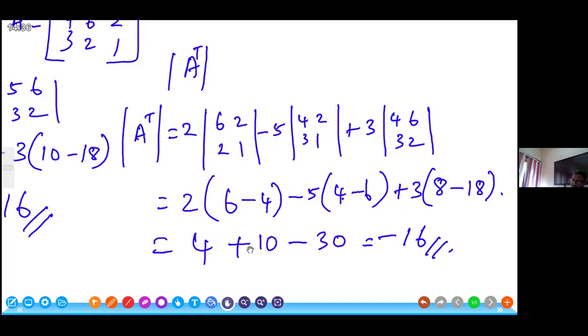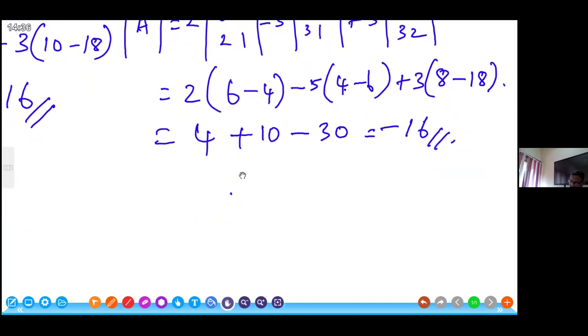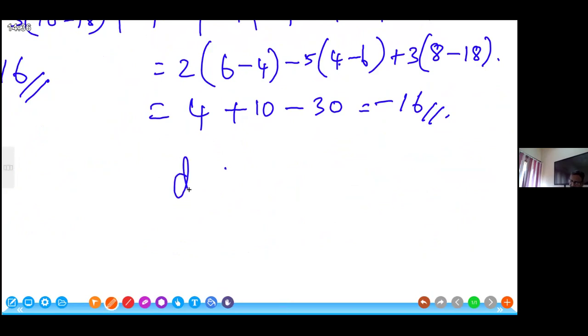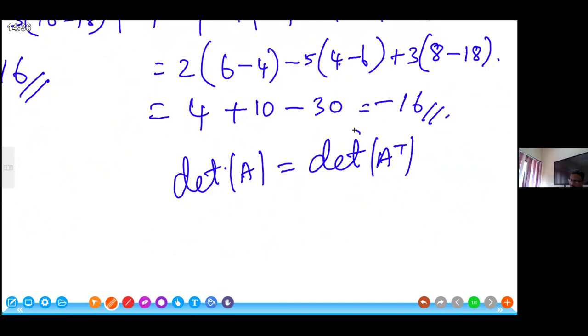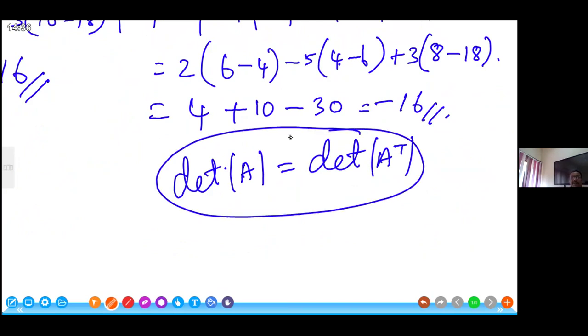Right. So what we learn from here is that the determinant of matrix A is the same as the determinant of A transpose. So we don't change the properties of the determinant. That is a unique value, you see.